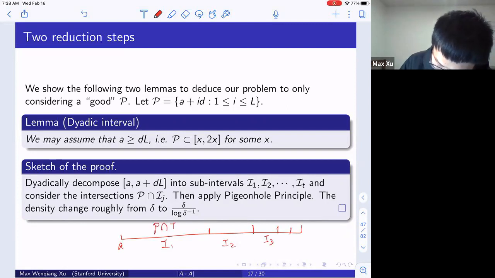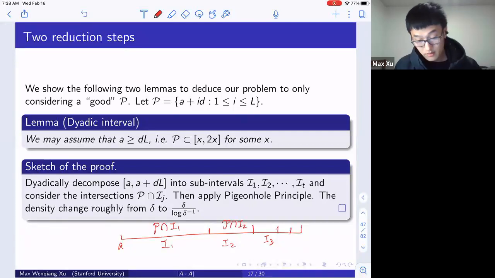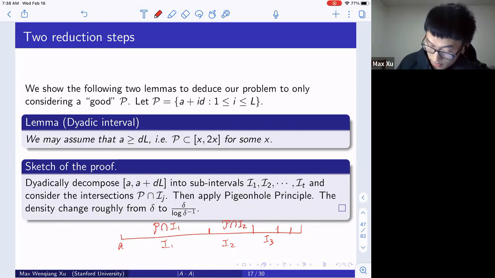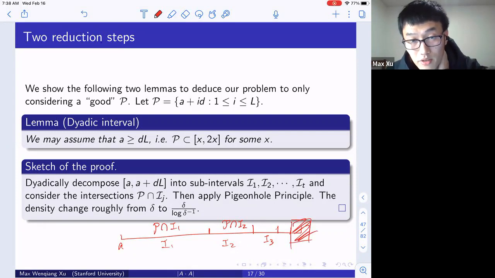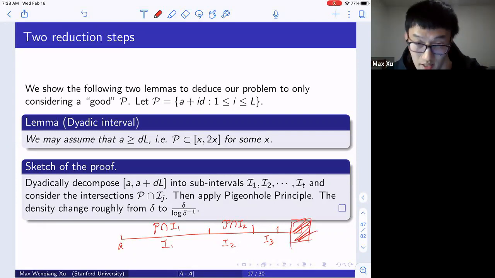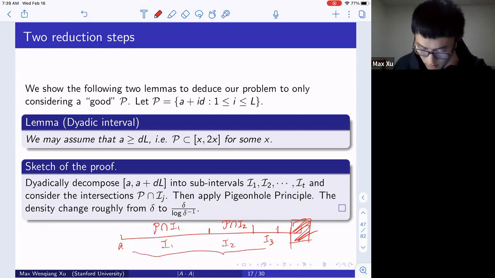We have the subset P intersect with I1, P intersect with I2. Then we can first show that, up to some point, you can ignore all the rest, because they will only contain a constant fraction of the elements in your arithmetic progression P. So essentially, you only need to consider the previous several intervals.